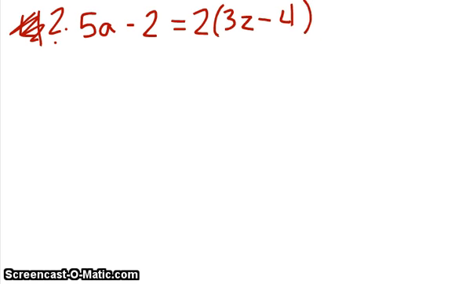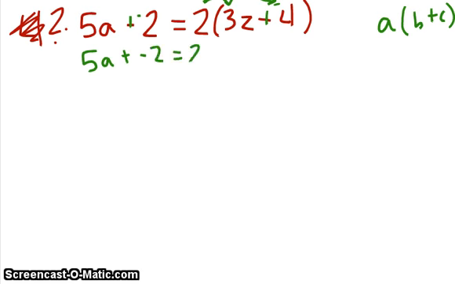Alright, anytime that we see, we're going to change all of our subtracting to adding the opposite, sorry. We draw a line down the middle. Anytime we see A times the quantity of B plus C, we're going to do the distributive property. So I have to take that 2 and multiply it out. So I keep the left side just the same. I get 5a plus negative 2 equals 2 times 3z.